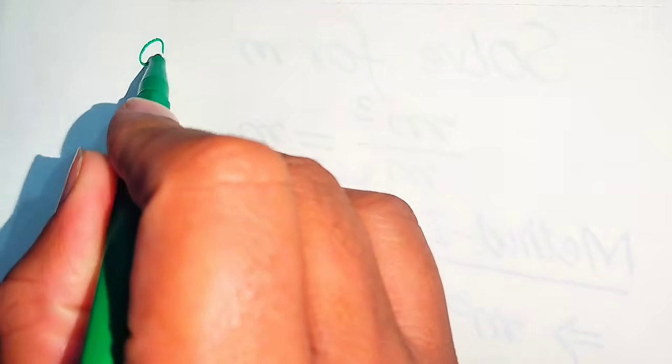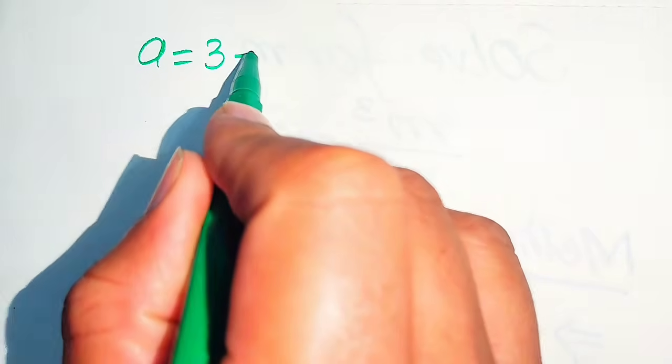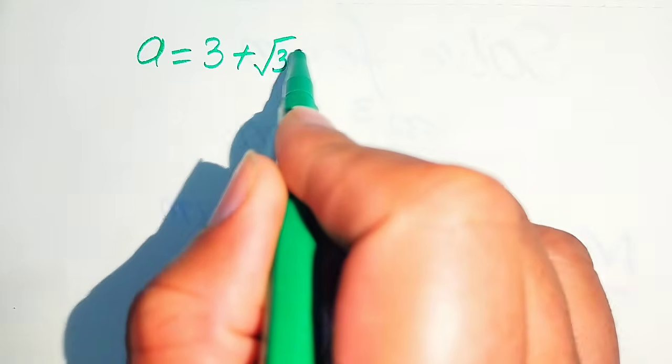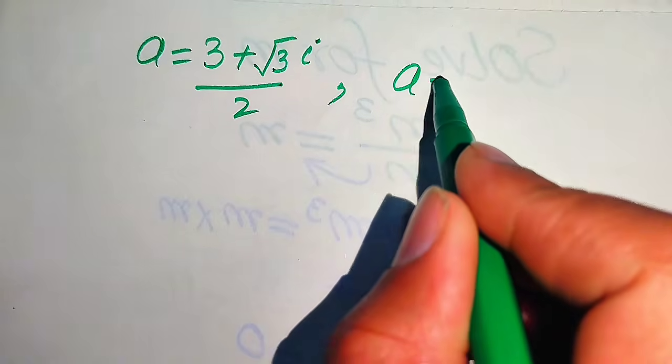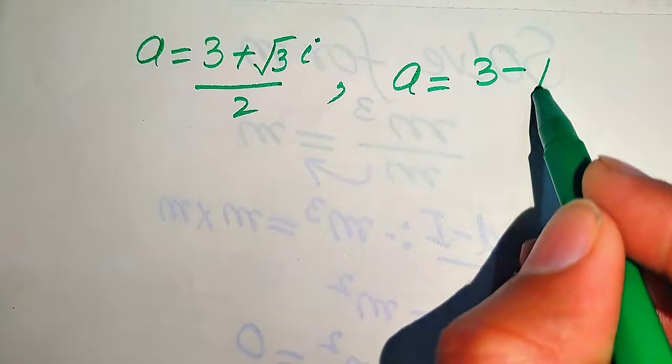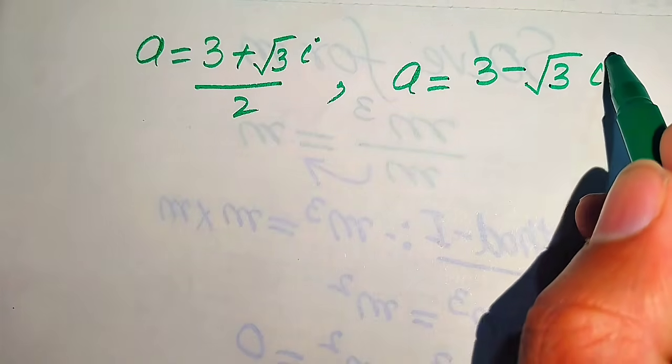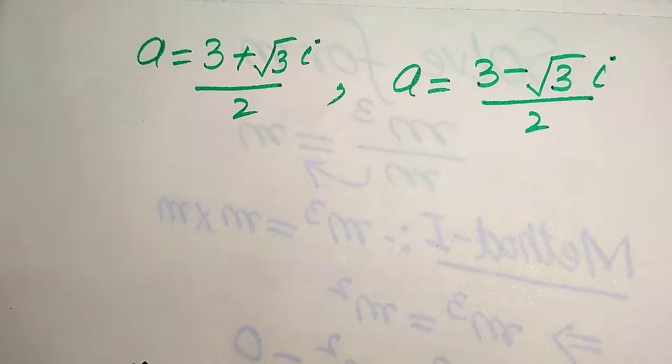The first value of a equals 3 plus square root of 3 iota, divided by 2, and the second value of a is 3 minus square root of 3 iota, divided by 2.